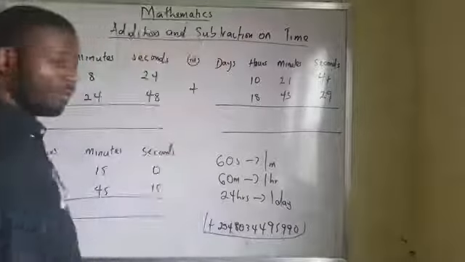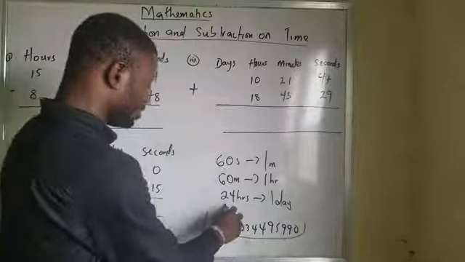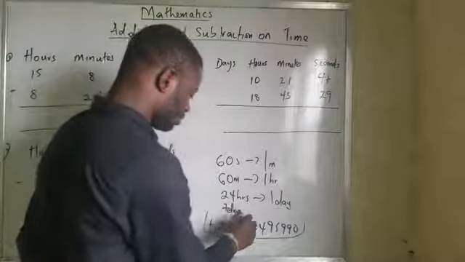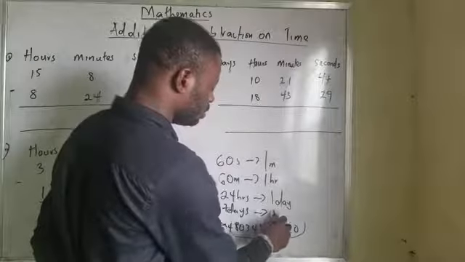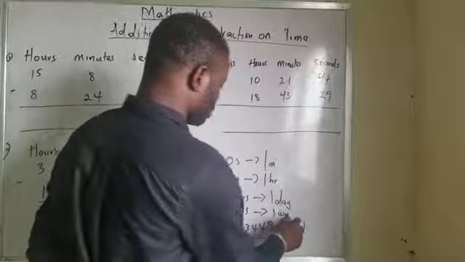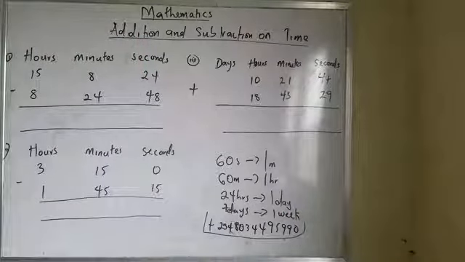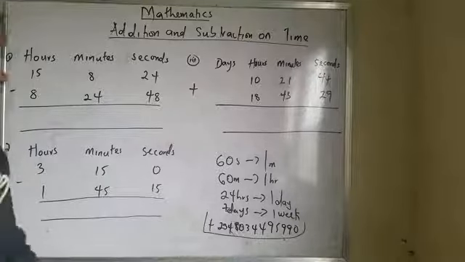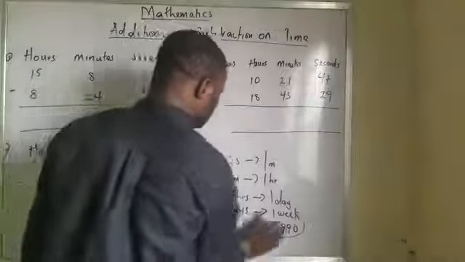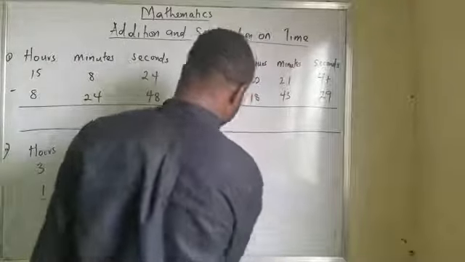And don't forget that 7 days make 1 week, and so on. Please take note of those things. They are very, very important. And 4 weeks make 1 month. 52 weeks make 1 year, and so on. That relation is very, very important.